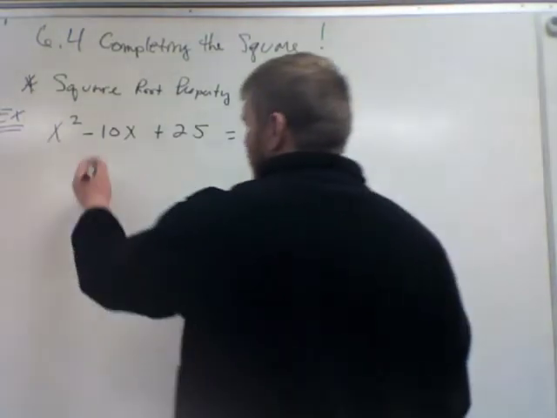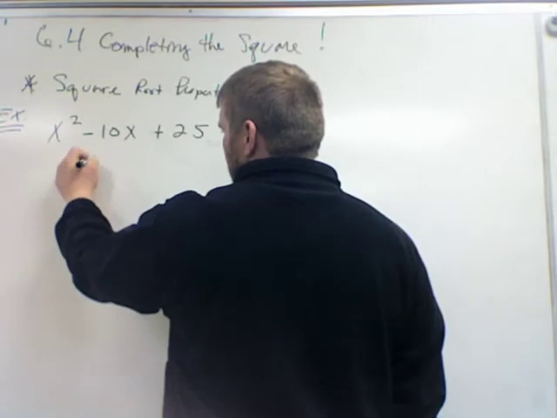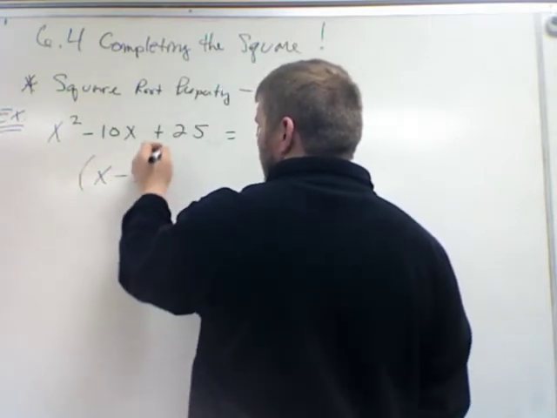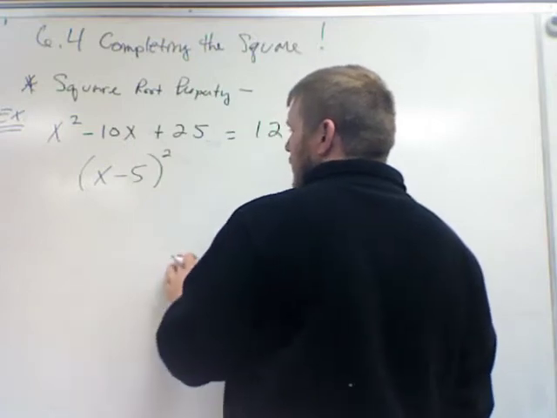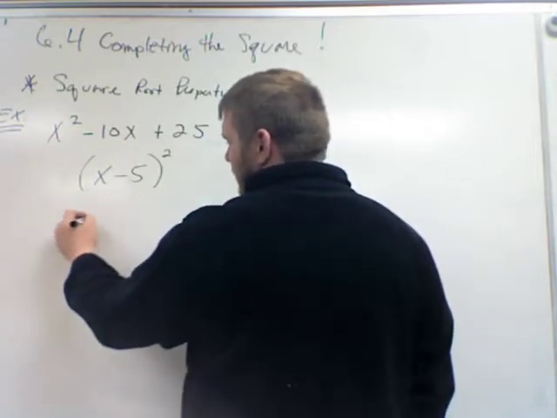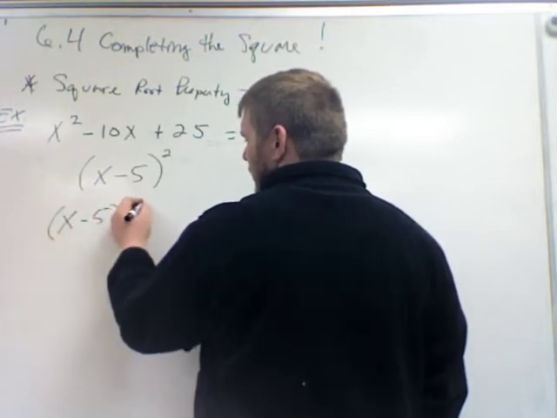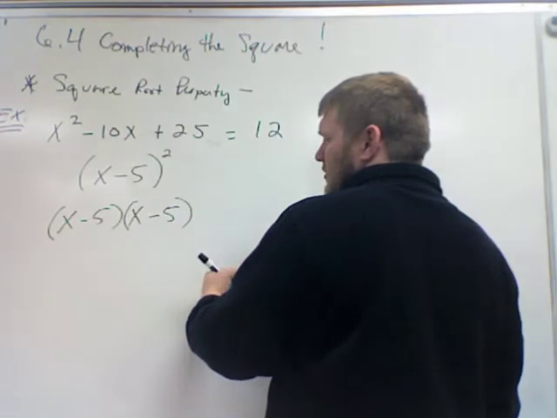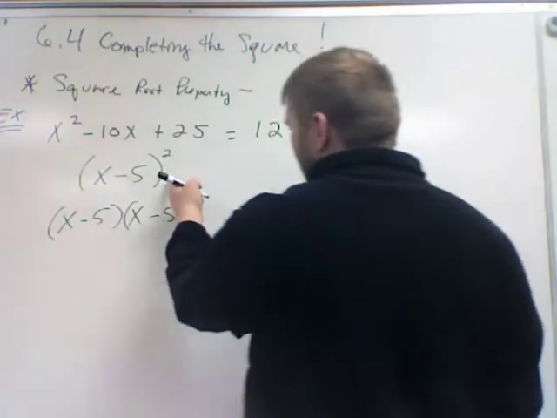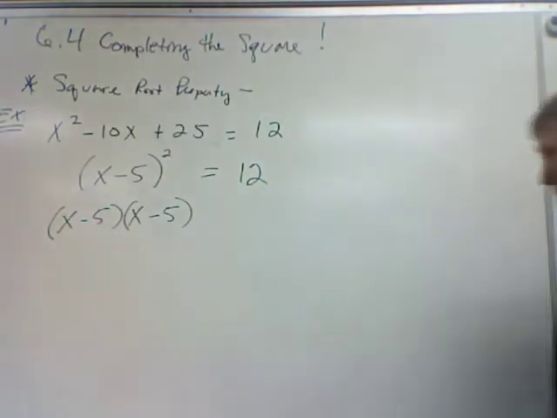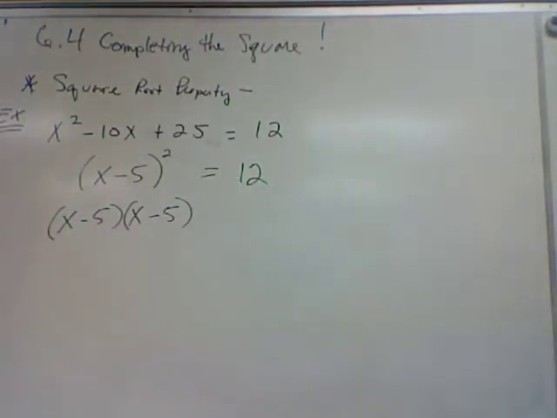If you notice, this factors into x minus 5 quantity squared. Hopefully everybody knows what that means. I'm going to write it like this because I'm going to be able to use the square root property to solve for the value of x.